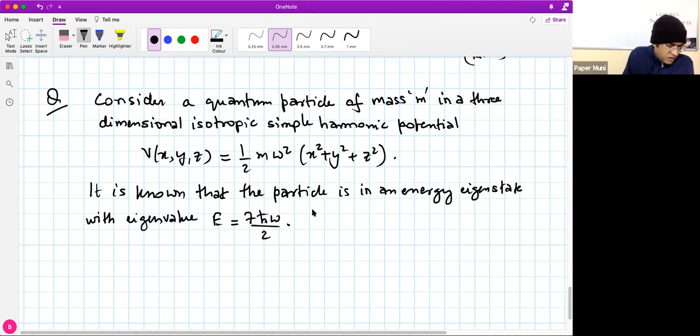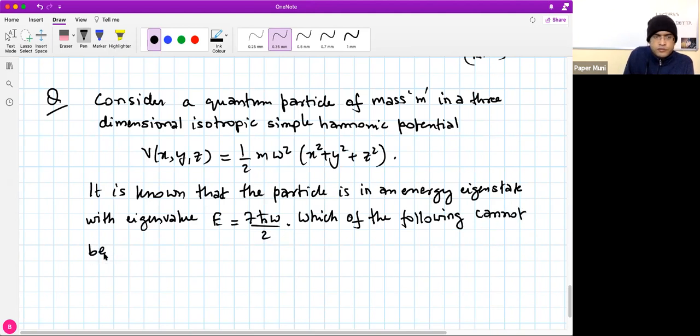All right, which of the following cannot be the wave function of the particle.